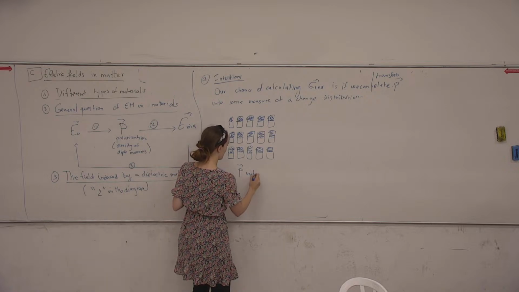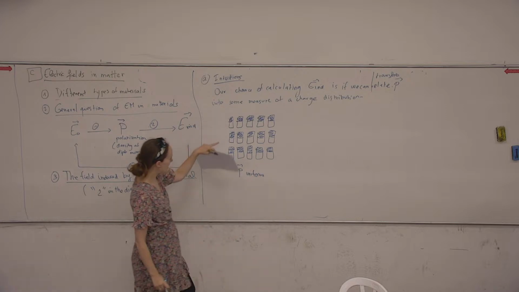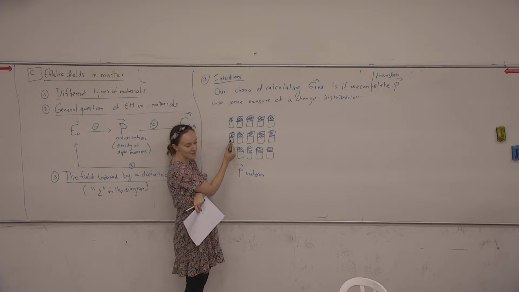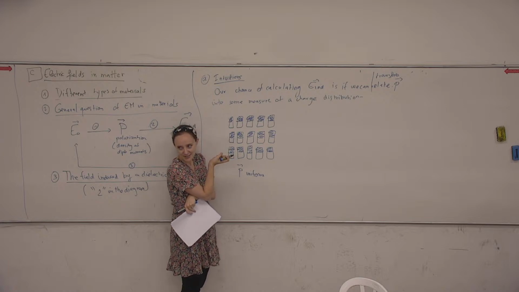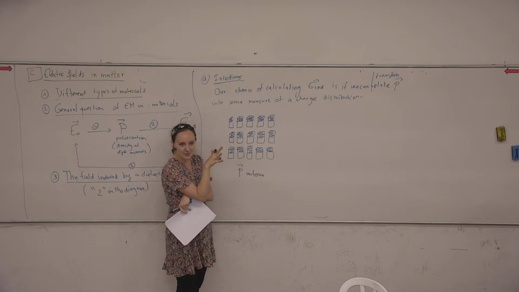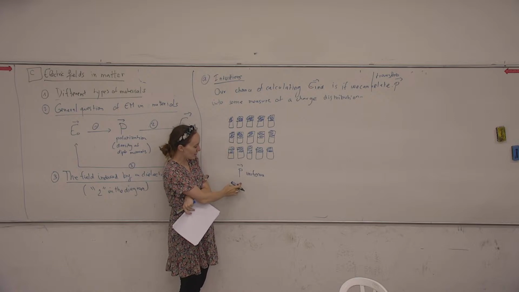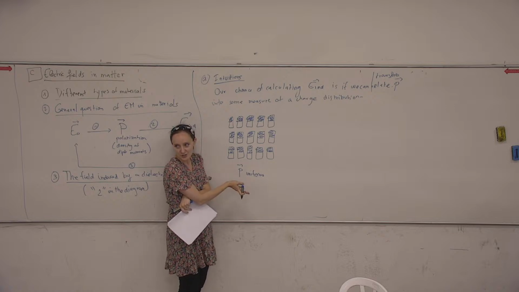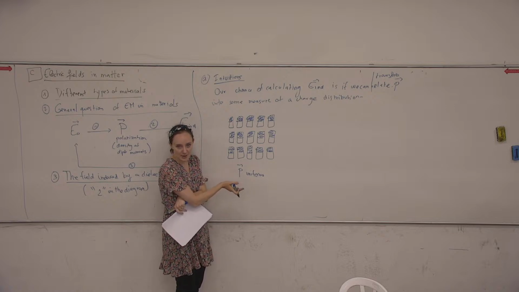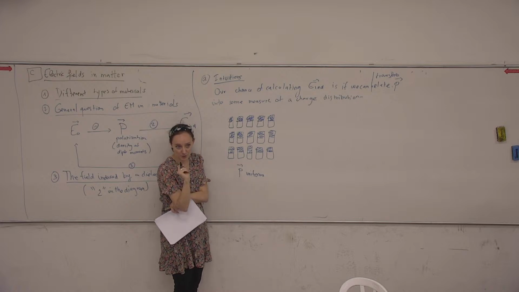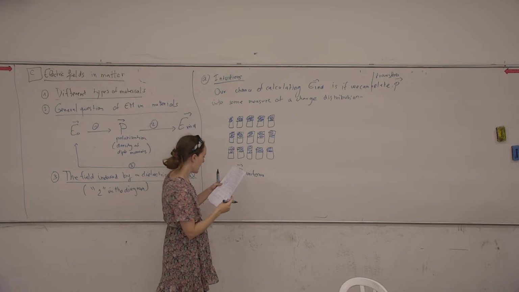And you see that inside the material, locally, the pluses and the minuses cancel, right? So locally, inside the material in which I have a uniform polarization, do I have a charge? No. Where do I have some charges? On the borders, at the surface.